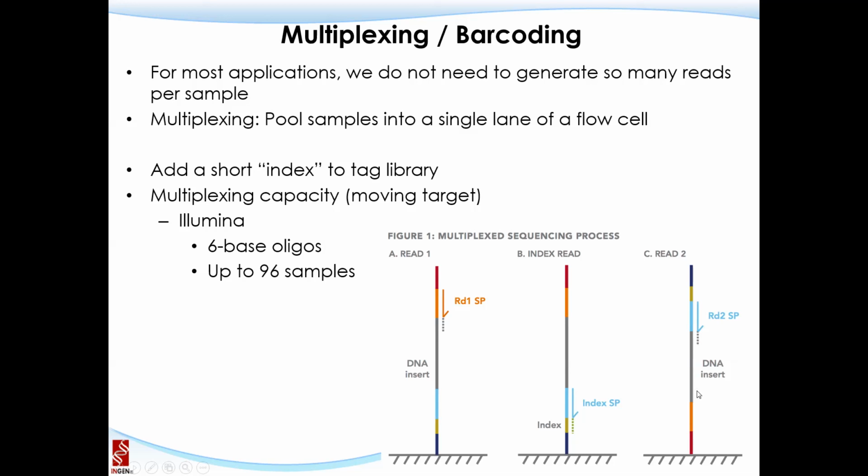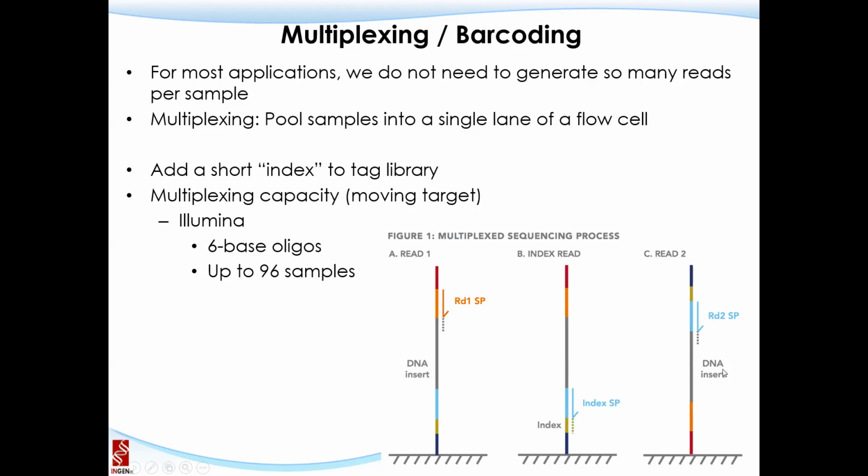This is called paired end. We first sequence this end, and then I somehow rotate it. There's a chemistry that you can do to do that, and then the sequencing primer comes here and starts to sequence this end.